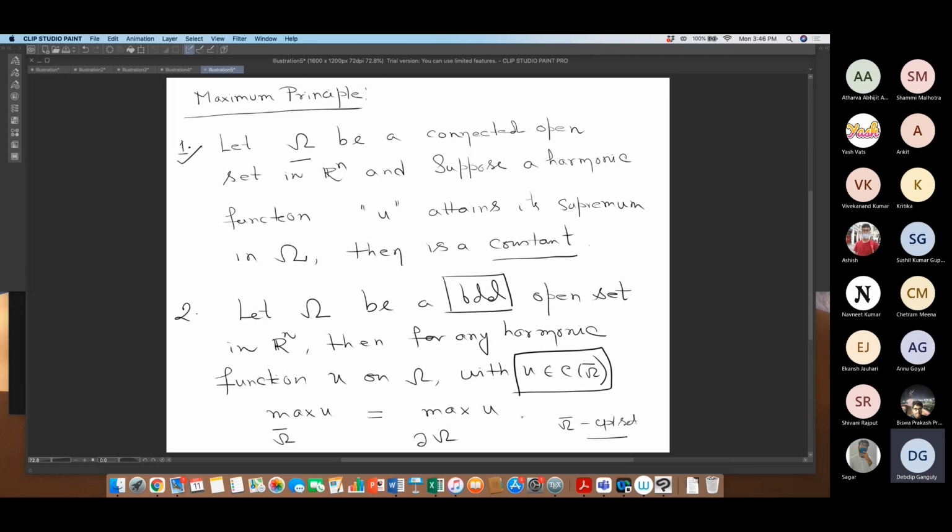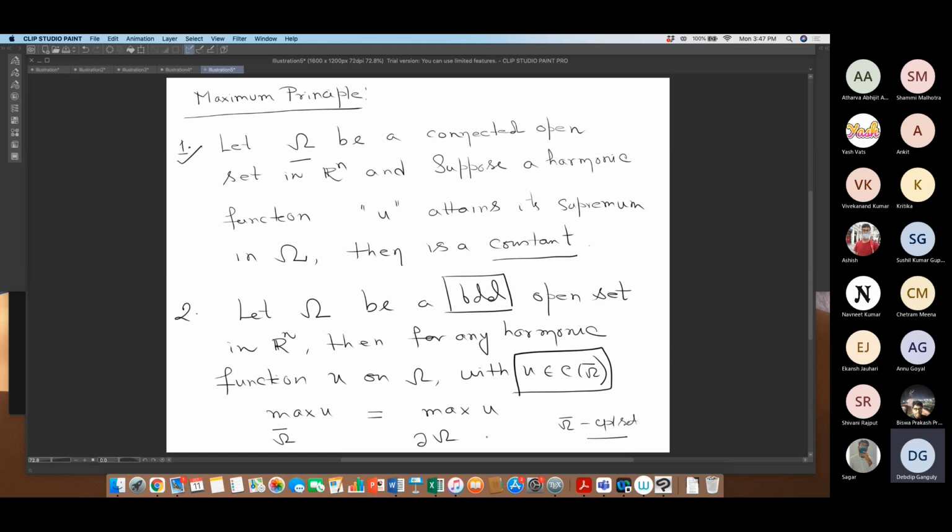Since u is a continuous function, u equals the constant up to the boundary. Of course this violates nothing, because it is equal to the maximum on the boundary of omega, since u is constant on the boundary also. But the theorem says that you will attain this maximum at the boundary.